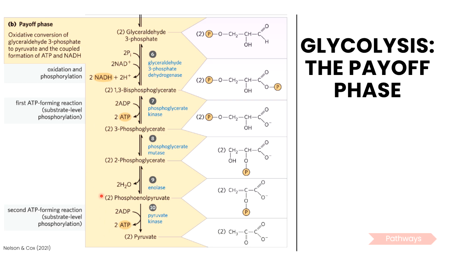So now we're able to answer our original question. During the payoff phase, glycolysis produces 4 ATP. We invested 2 ATP during the preparatory phase. So 4 ATP minus 2 invested ATP gives us a net gain of 2 ATP per glucose.